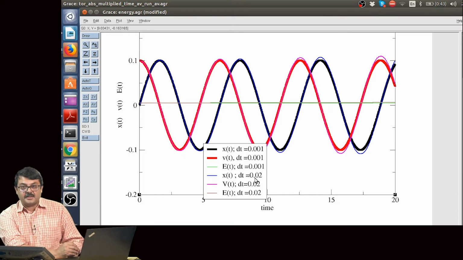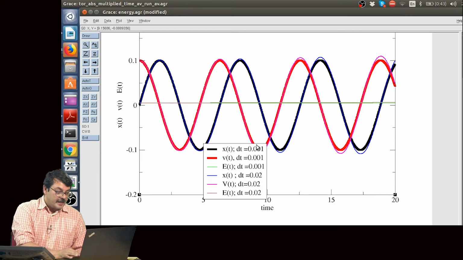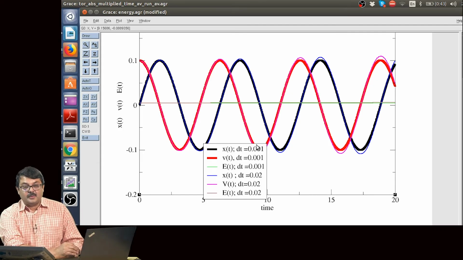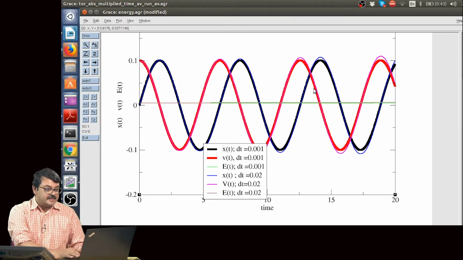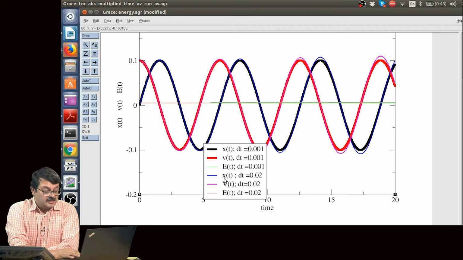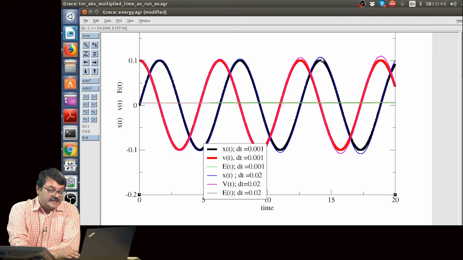Of course, the initial part of x versus t and v versus t are exactly the same as what was obtained when the dt was 0.001, but at longer times, say here, you see that the x with dt equal to 0.02 is this blue curve, and you see deviations from what was plotted when dt was 0.001.